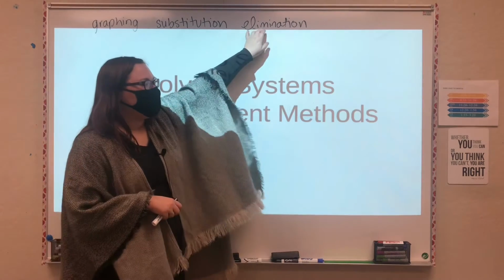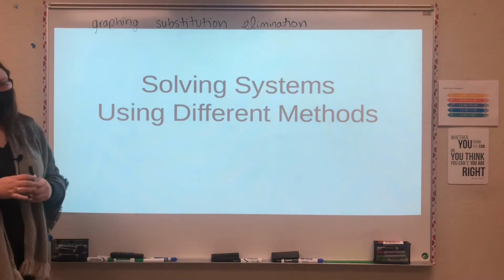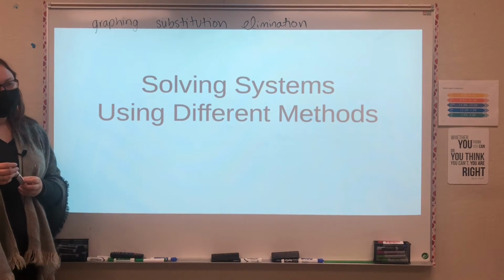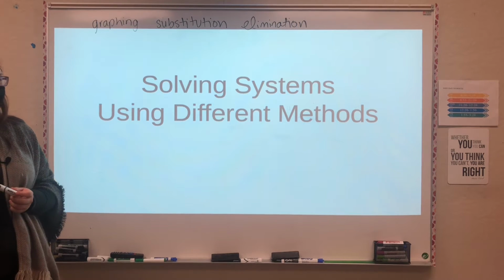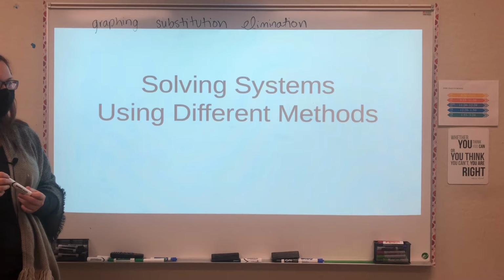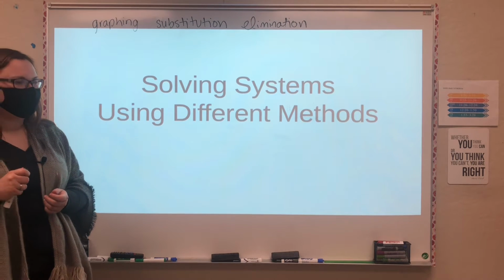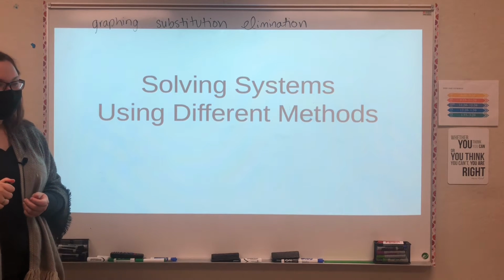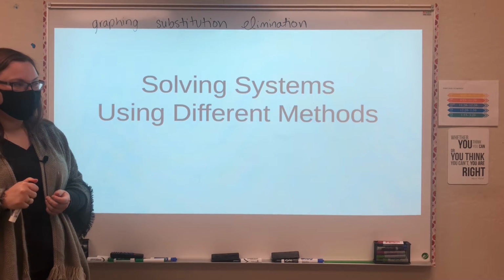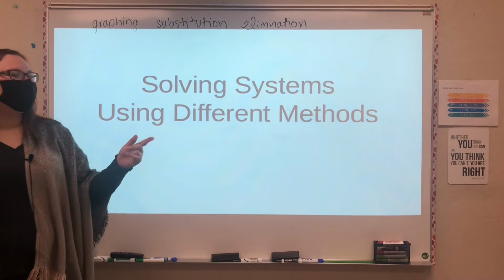And then elimination, what's that one look like? You'll get it so that one of the variables will be the same number but different signs so that you can eliminate it to make the equation smaller, with only one variable.